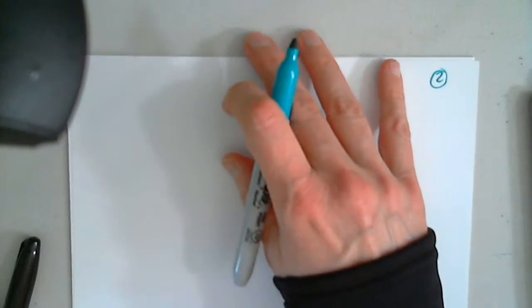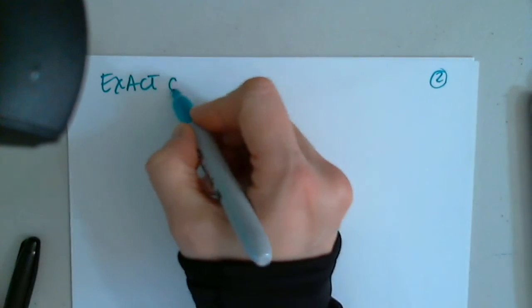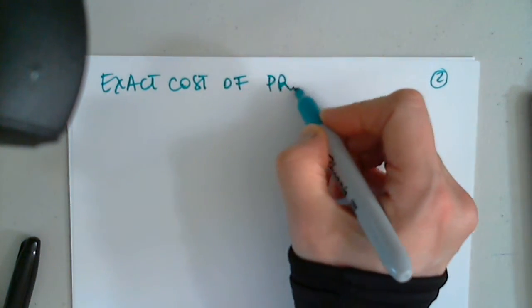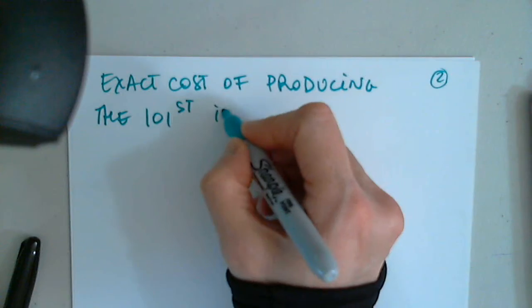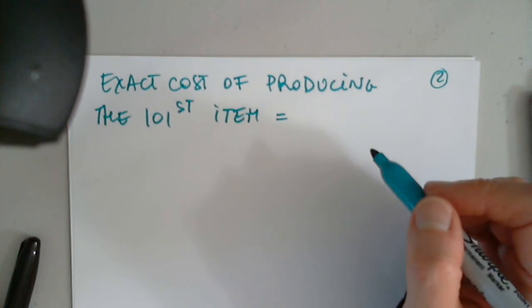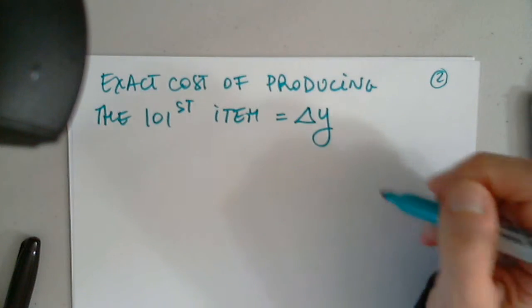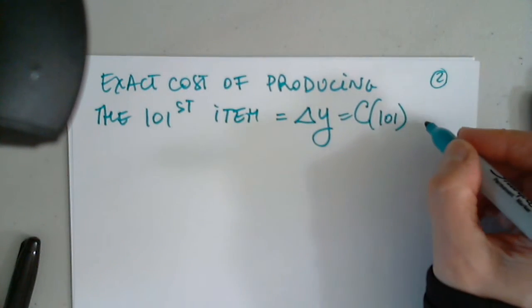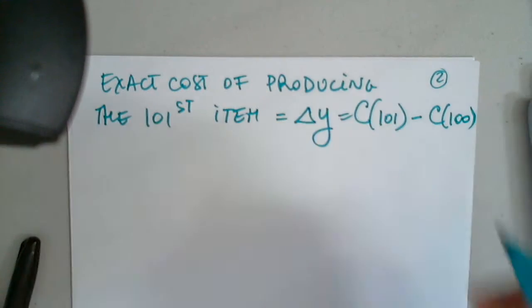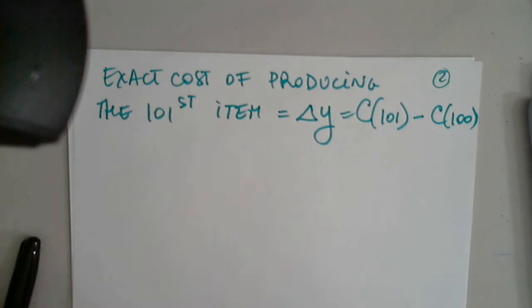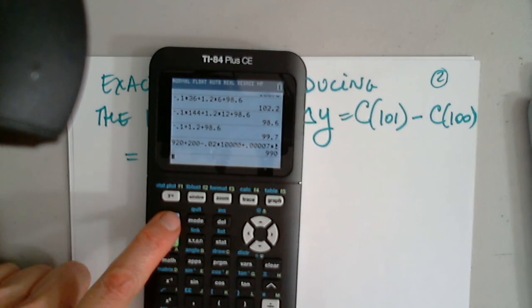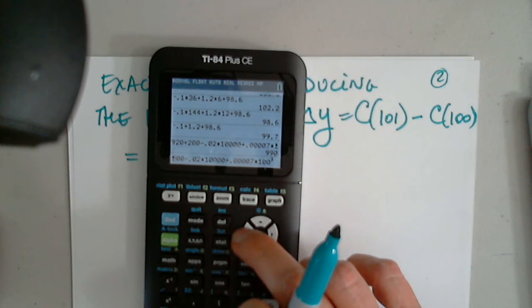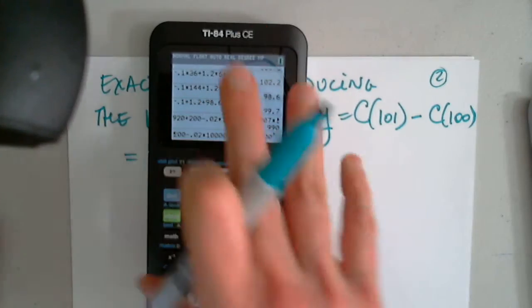Can anyone give us the exact cost of producing the 101st item? It is our delta y, which is C of 101 minus C of 100. So I have the approximation for C of 101, but I'm just going to change 100 into 101, I meant to say.